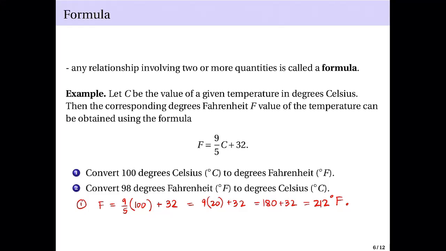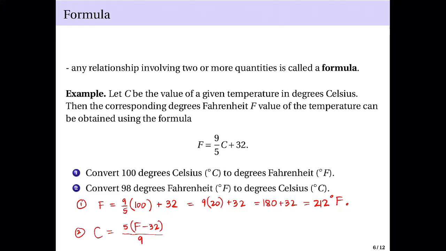For number 2, we are given degree Fahrenheit. We want to convert that to degree Celsius. So let's just recall Celsius. This was 5 times (F minus 32) divided by 9.